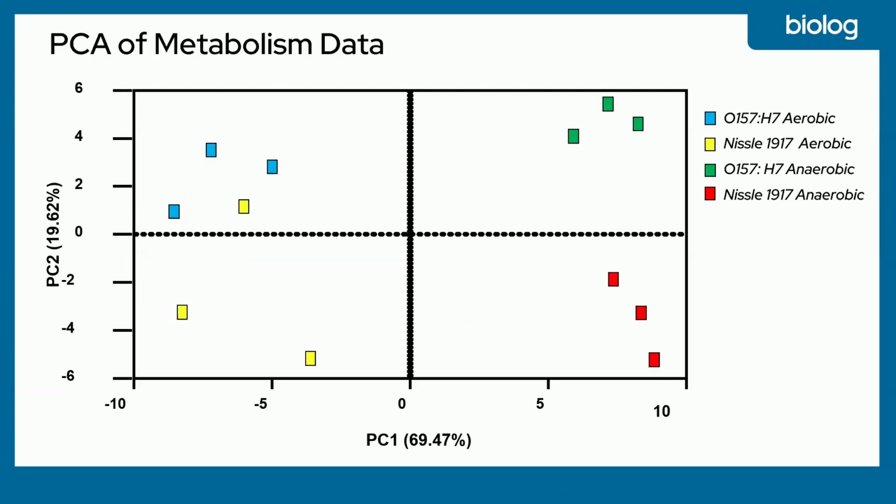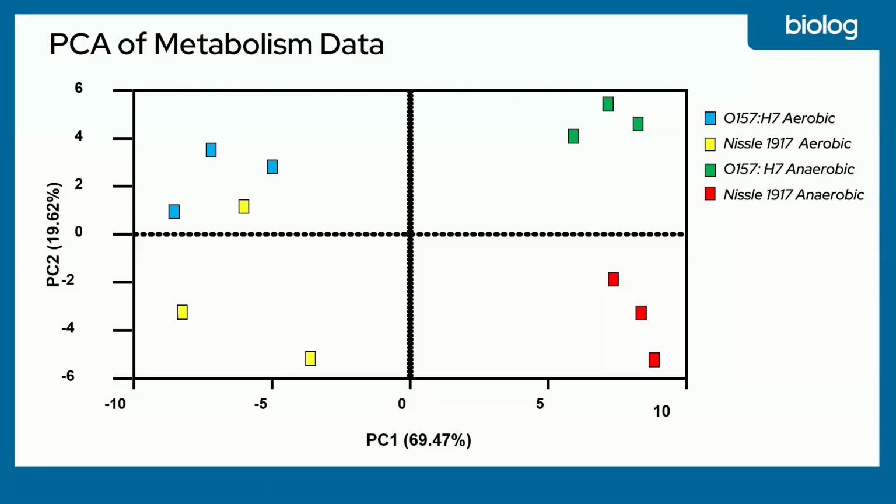Similarly, principal component analysis using the substrates as loadings for cell metabolism reveals atmosphere-dependent class separation on principal component 1, accounting for a massive 69.47% of the variance, and strain-dependent class separation on PC2, accounting for 19.62%.